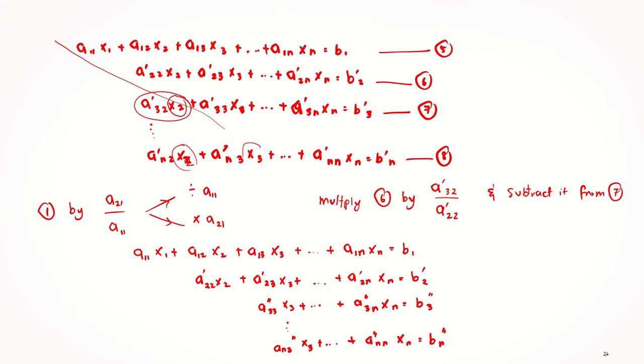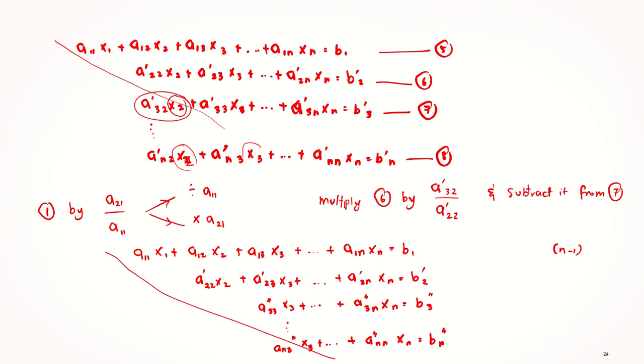If we continue the procedures using the remaining pivot equations, the final procedure is to use the n minus 1 equation, for example equation number 7, to eliminate the n minus 1 term from the nth equation, equation number 8. So at the end, we are going to have an upper triangular system.